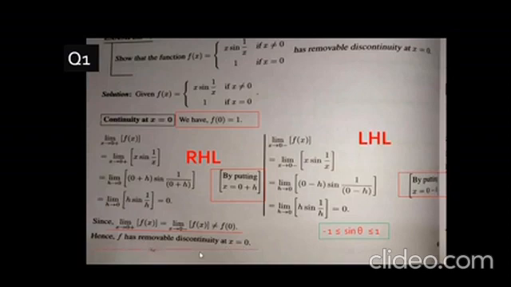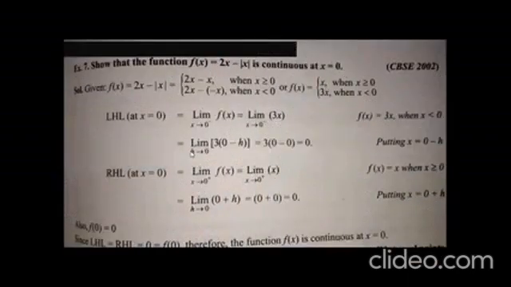Now we can look at this example. Show that the function 2x minus modulus of x is continuous at x equal to 0. Before starting the solution of this question, first of all, we should know about the modulus of x.